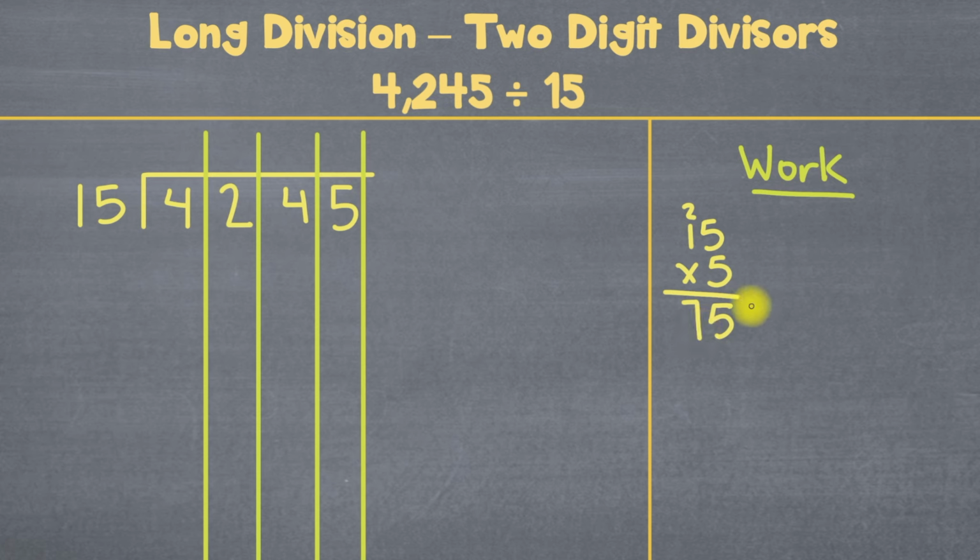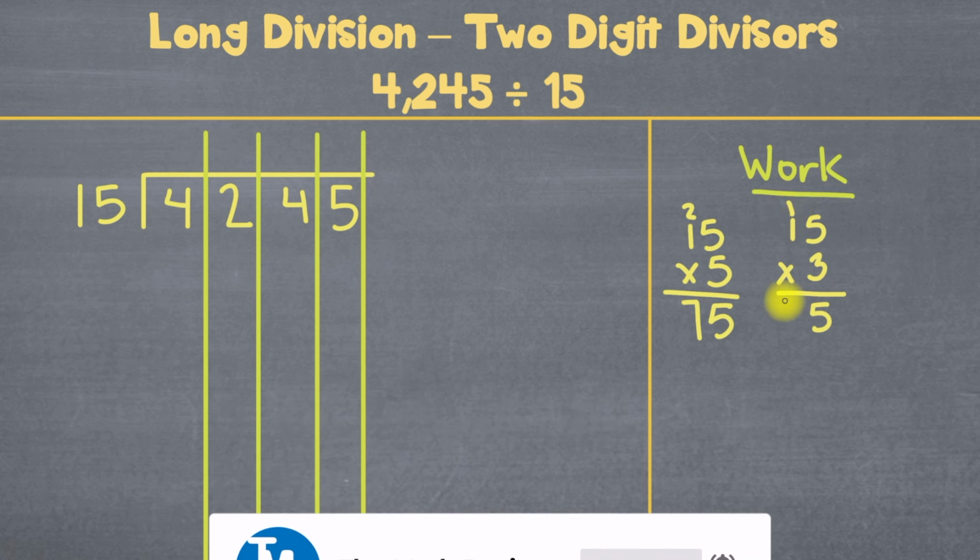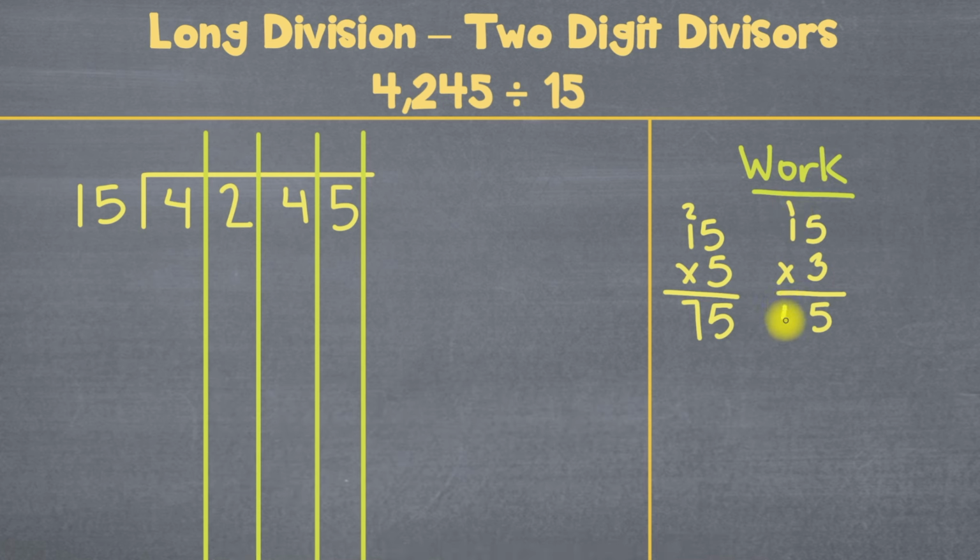That's way higher than 42. So let's try something a little bit lower. Let's try 15 times 3. 3 times 5 is 15. I'll bring down the 5, I'll carry the 1. 3 times 1 is 3, plus this 1 is 4. And that's still a little too high, just barely, because we need to be under 42.